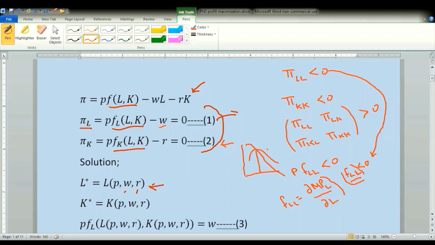So this is your average product of labor. Let me write it here, average product of labor, and this is your marginal product of labor. See that this is where you want to be.